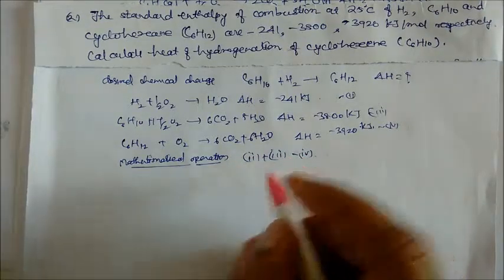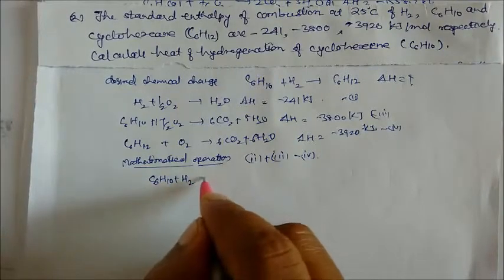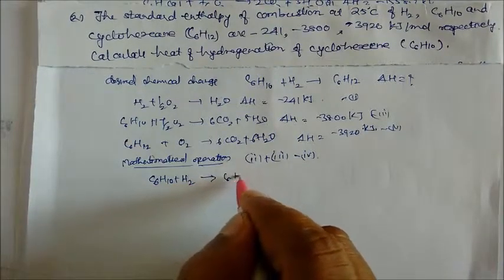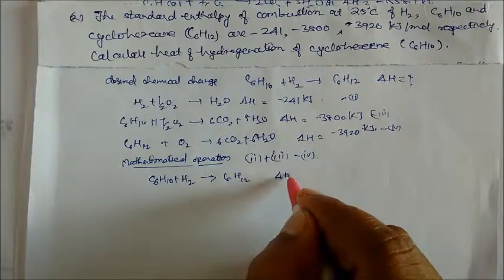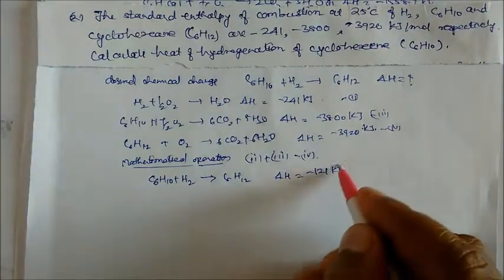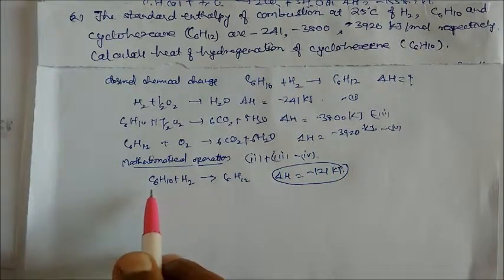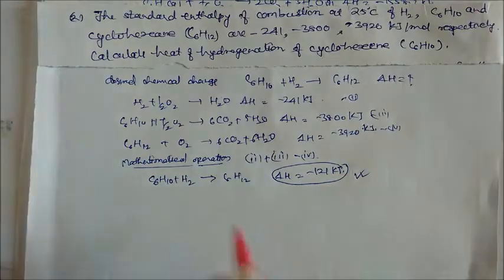If you do this, we will get C6H10 plus H2 giving C6H12, and delta H is equal to minus 121 kilojoule. So this is the heat of hydrogenation for C6H10. This is our answer.